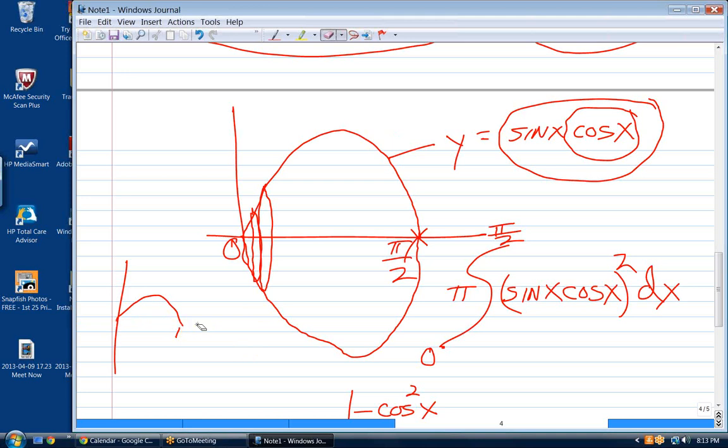So we have to figure out where sine x cosine of x is equal to 0. Obviously, it's equal to 0 when x is 0, because sine x is 0. And the next place that one of these things is equal to 0 is at pi over 2, where cosine of x is equal to 0.